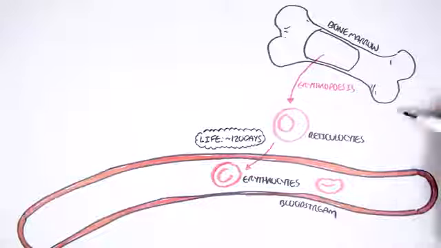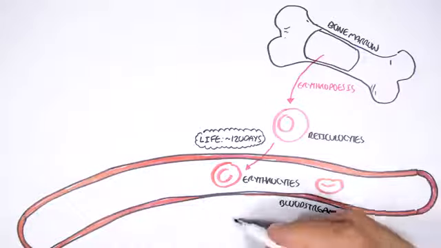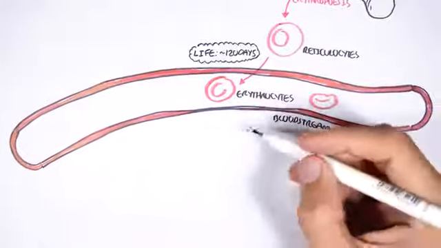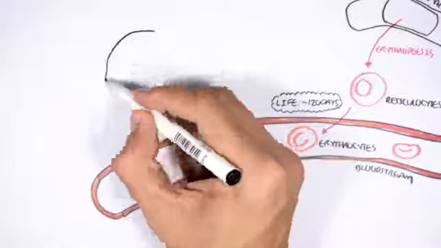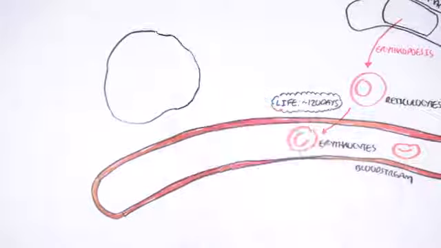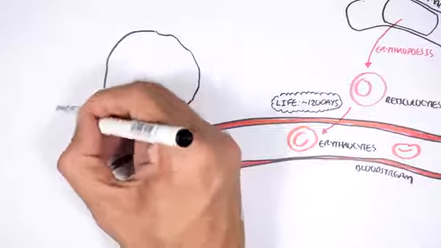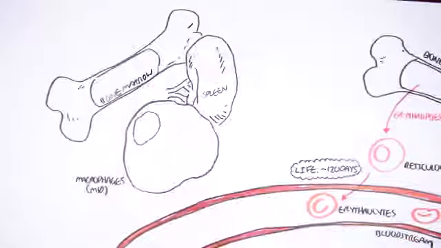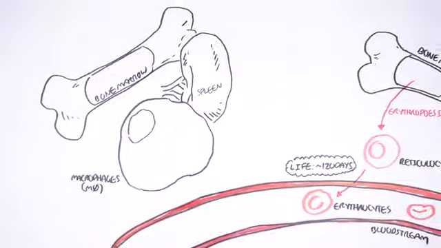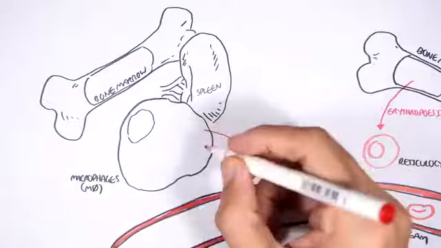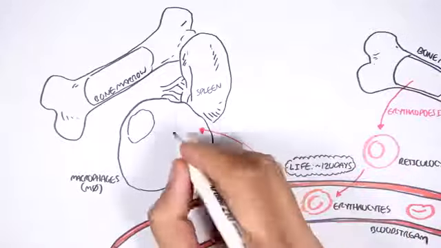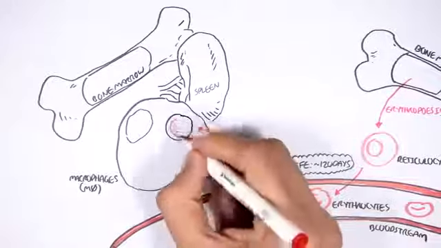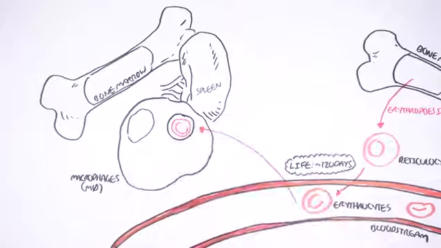When these erythrocytes get old or are damaged, cells known as macrophages, which are phagocytes, located in the spleen and the bone marrow, will engulf these old erythrocytes and degrade them. When the macrophages degrade the erythrocytes, they release hemoglobin molecules.